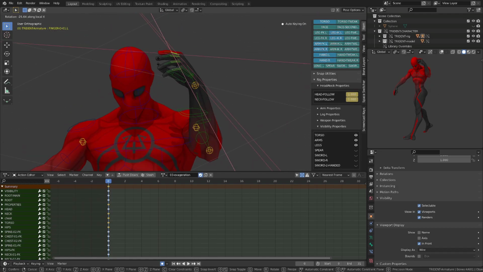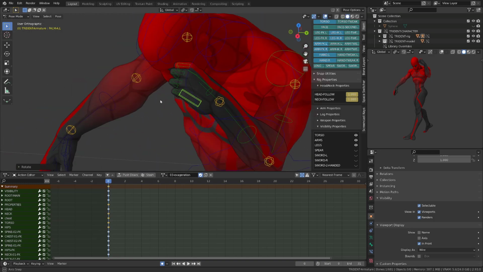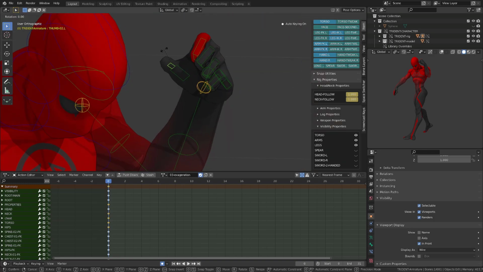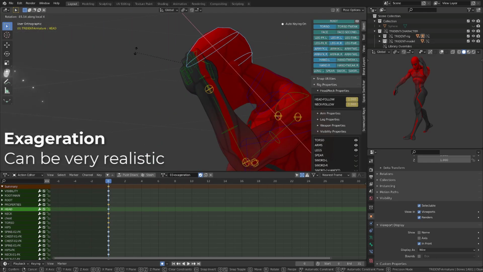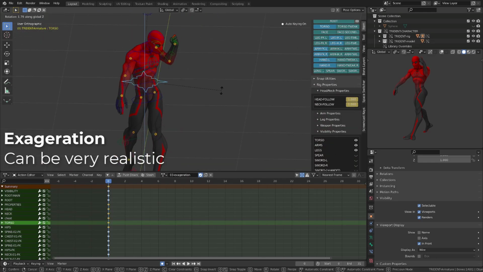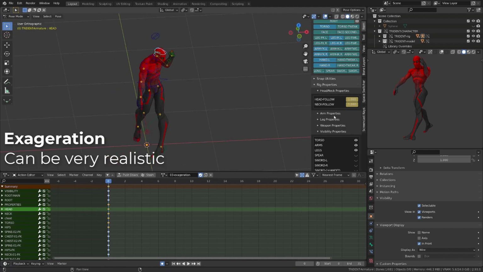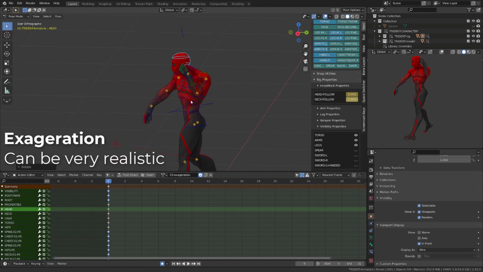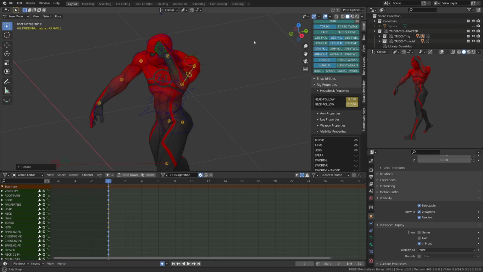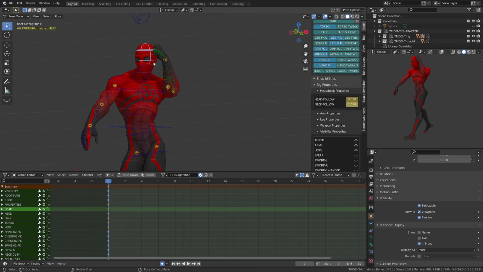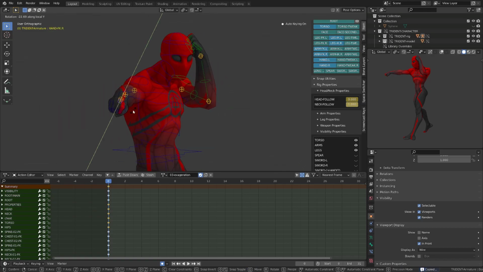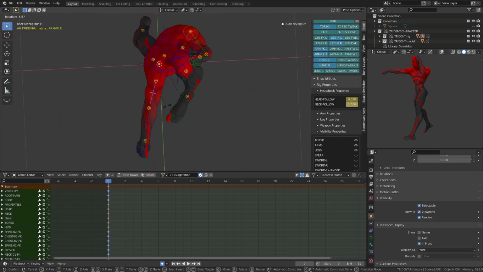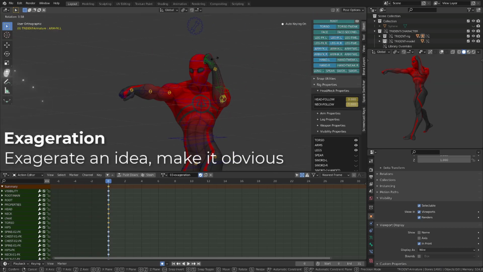I have very little interest in super realistic animation where there is no exaggeration. Though exaggerating an animation doesn't mean it won't look realistic. A great animator will clean motion capture data and know the spots where they can push the pose or exaggerate the animation to make it more appealing and better sell the animation or the idea.